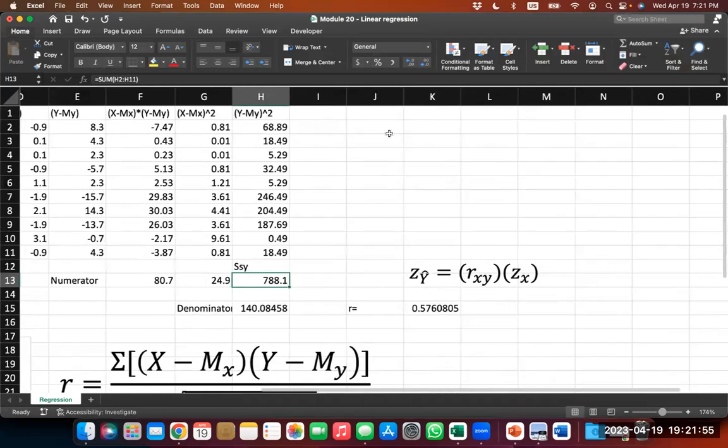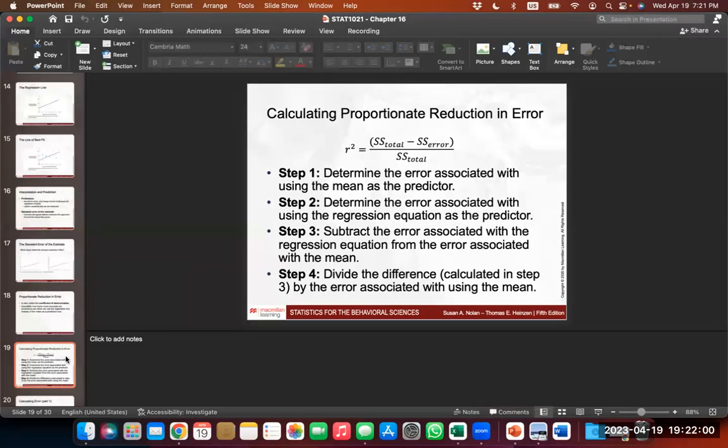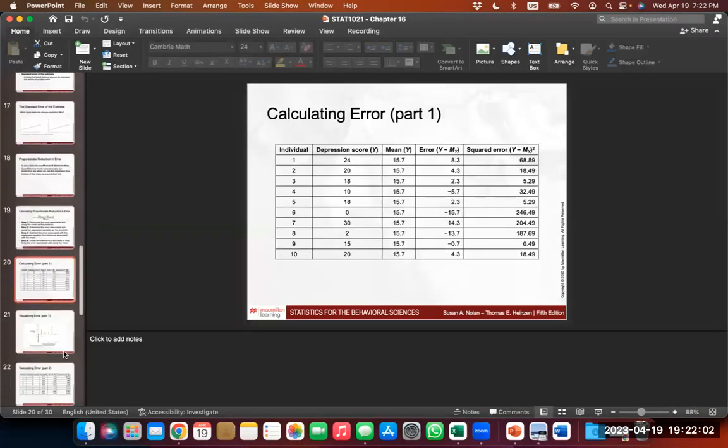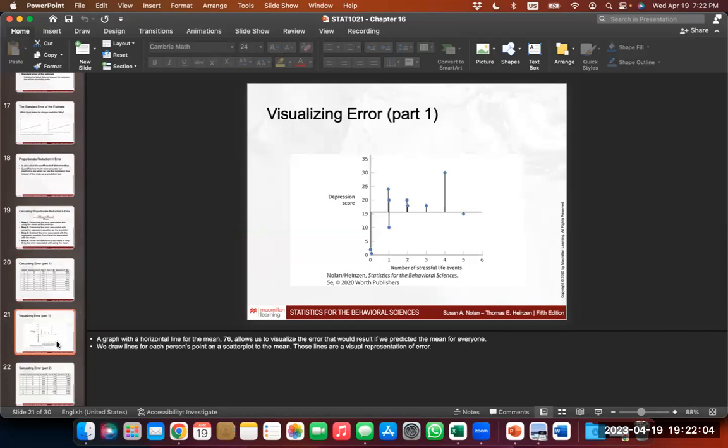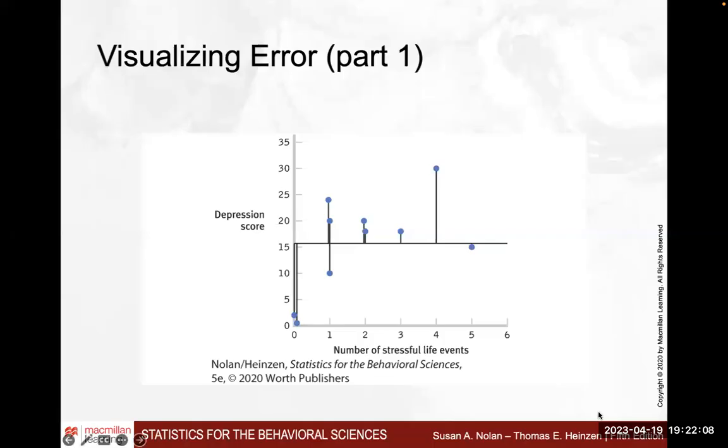So if you want to calculate now a residual error, there's a really good graph here. This shows what we're going to calculate now. This is the error y minus mean of y, each individual y subtracted from the mean.